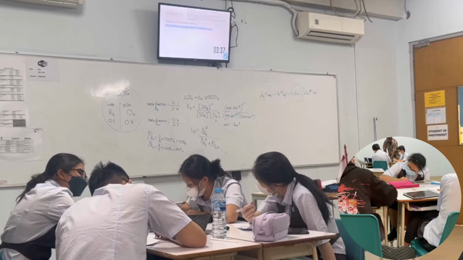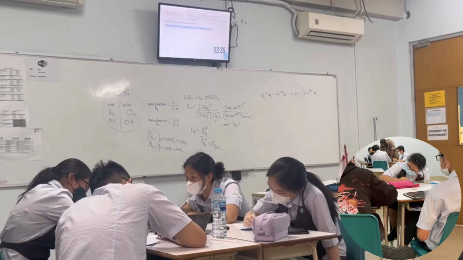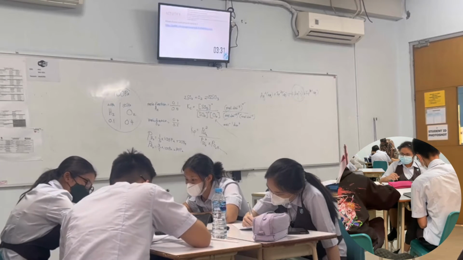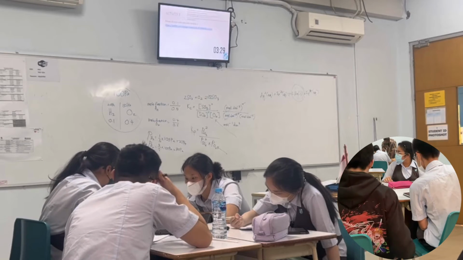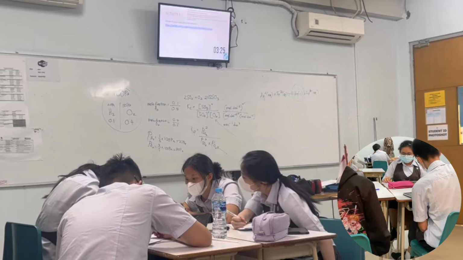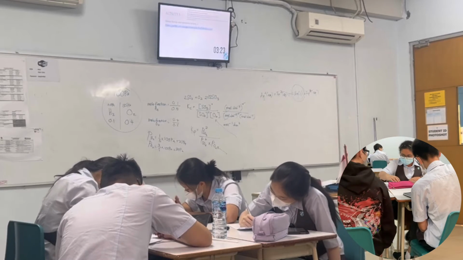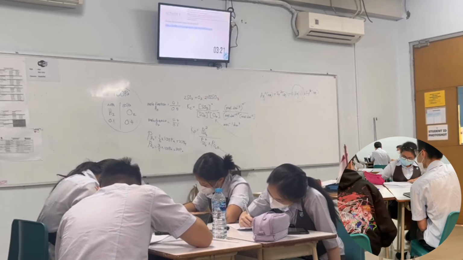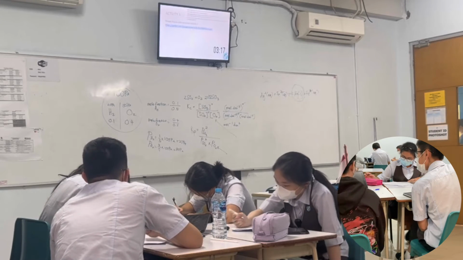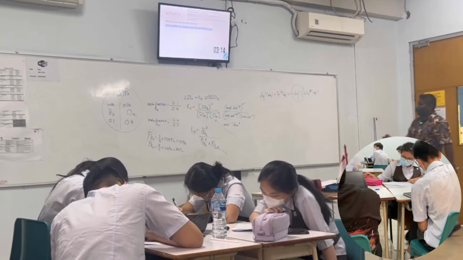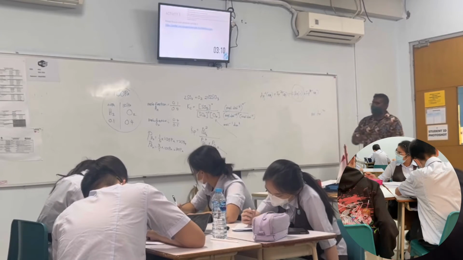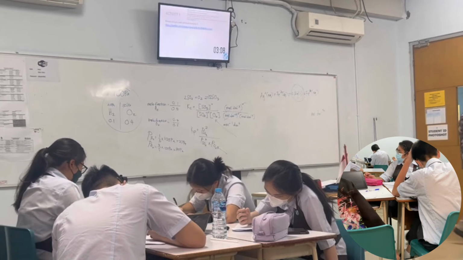Why liter? Mole per dm cube. We don't use liter. Concentration is always number of moles divided by volume. Mole dm negative 3, that's the unit.